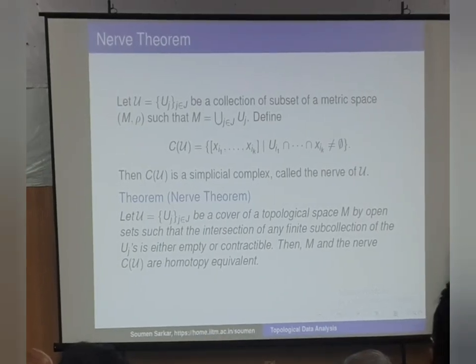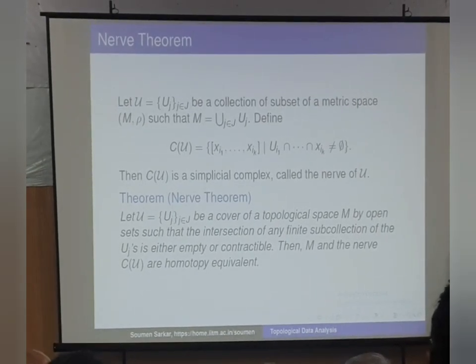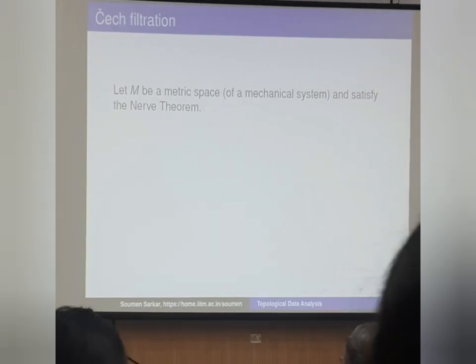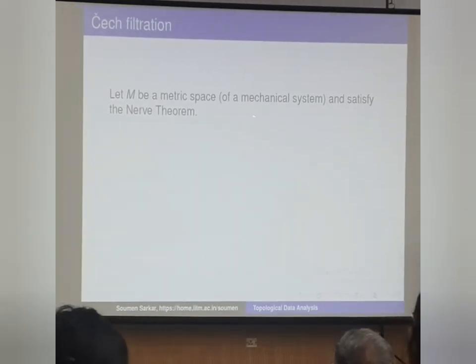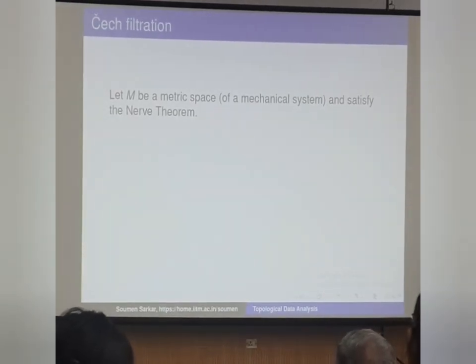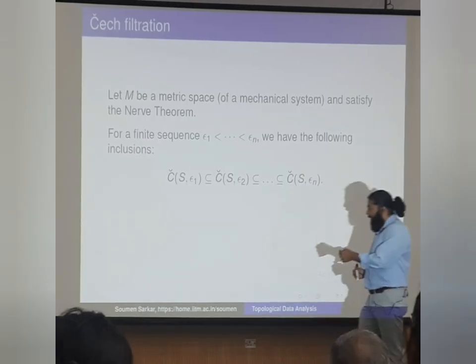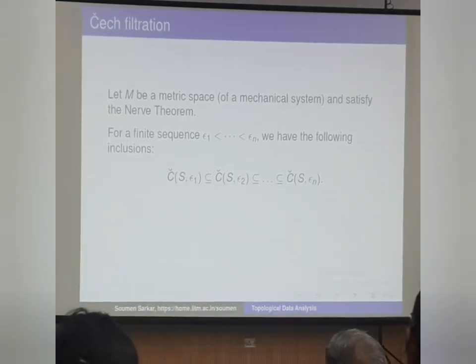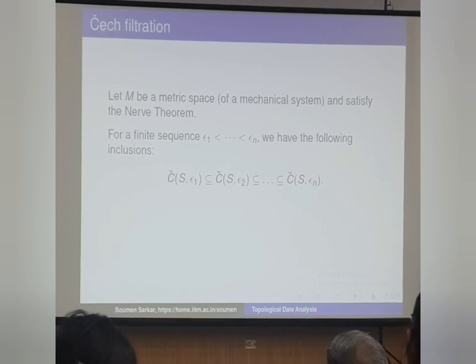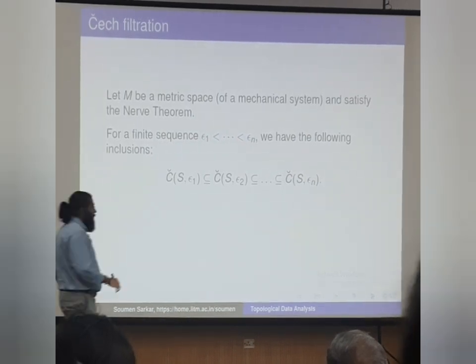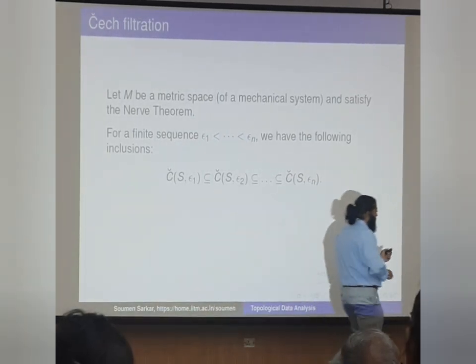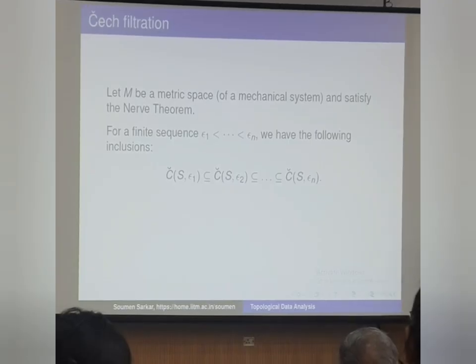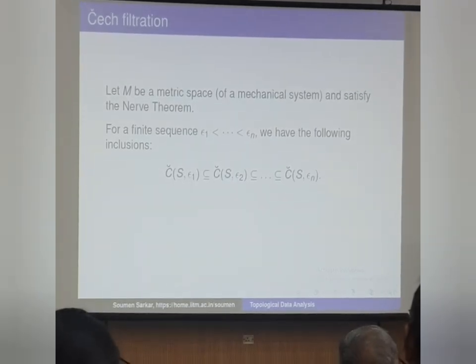if we have this open set, so we took some point set, that means a data set, and the metric space on the data set, and we will take that. So if we have some set like this, suppose the shape of the data is like this.